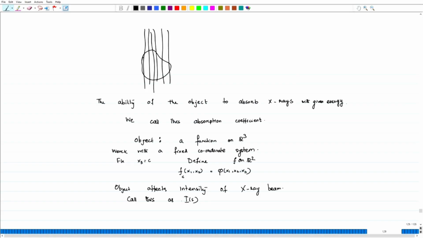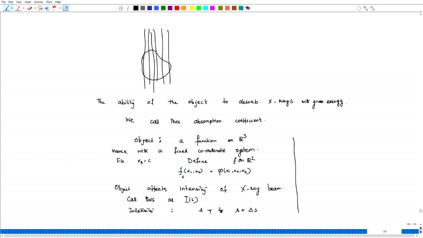So, now what we want to find is how the intensity changes from s to s plus some change delta s. So, how is it going to be given?